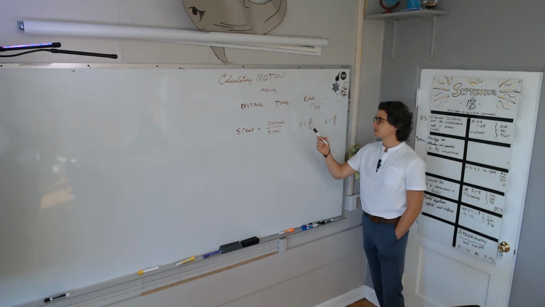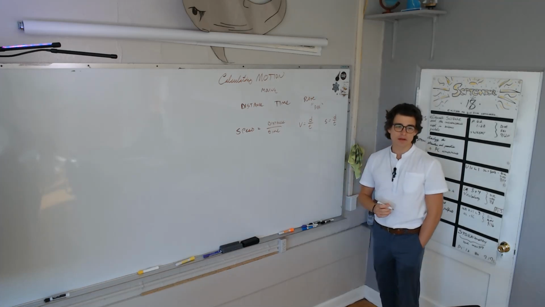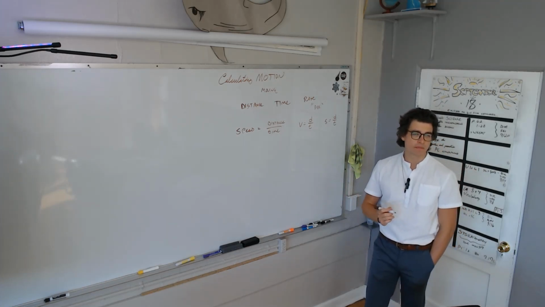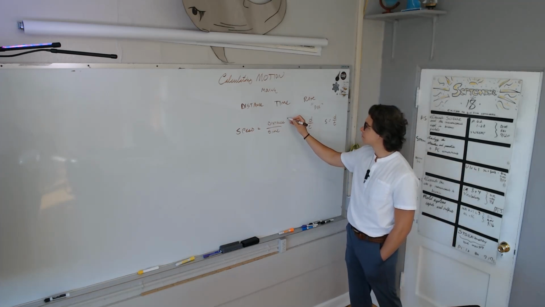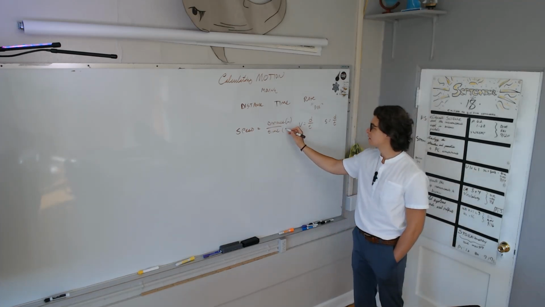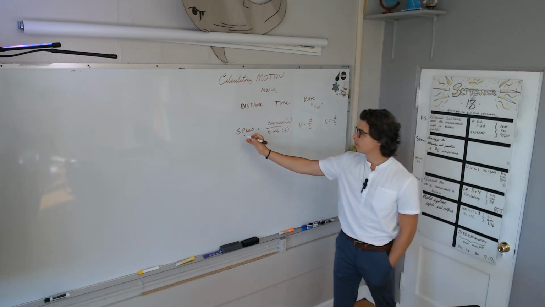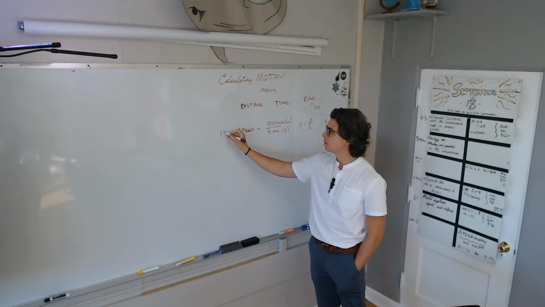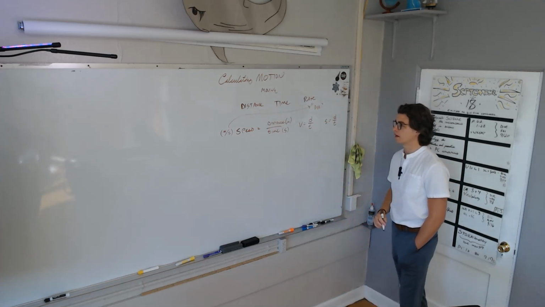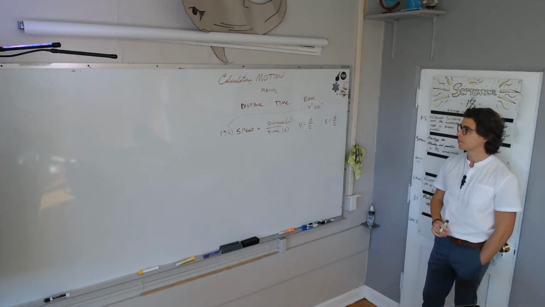Where d is distance and t is time. In the SI, how do we measure distance? What is the base unit of distance in the SI? You've already said it. Meters. And the base unit of time in the SI? Seconds. And so if we're dividing meters by seconds, our base unit for speed is going to be meters per second. Meters per second, because it's a rate. It's a rate comparing distance and time.